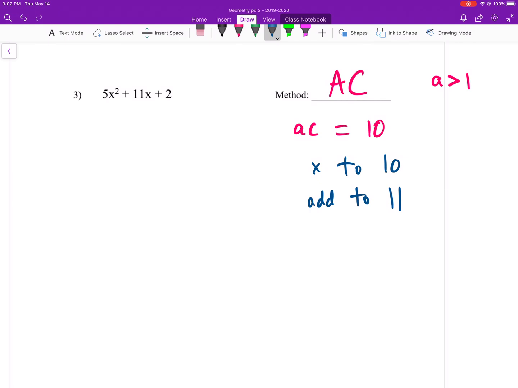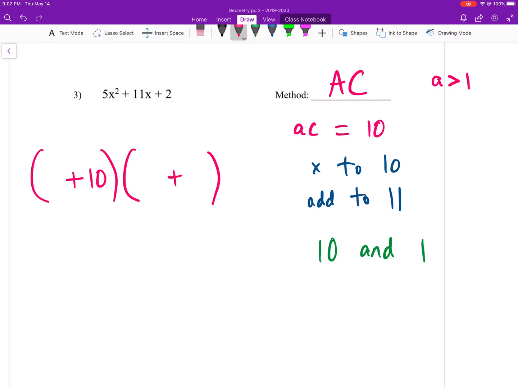That would be 10 and 1. 10 times 1 is 10, and 10 plus 1 is 11. So open those parentheses up for your two binomials. We have a positive 10 and a positive 1.